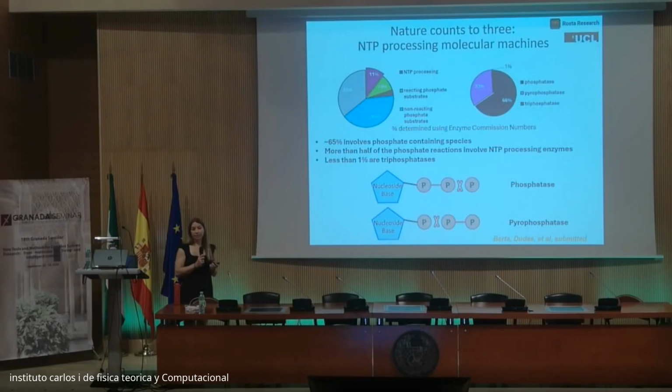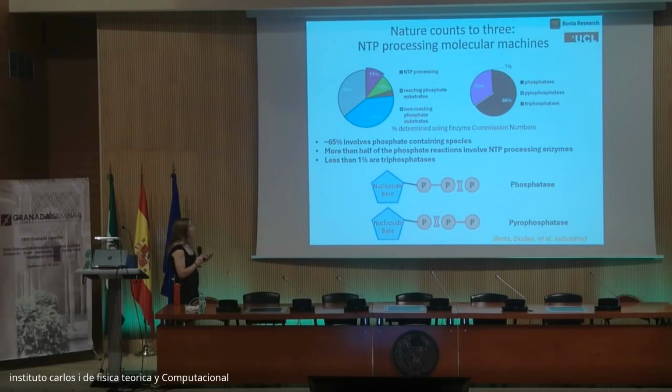What we wanted to do is get a general picture of how important these specific enzymes are when we consider all possible enzymes in biological systems. When we looked at the database of enzyme function numbers, which delineate all of the different enzyme reactions currently known, we found that 65% of the enzymes involve some sort of phosphate-containing molecule in their active sites or substrates.